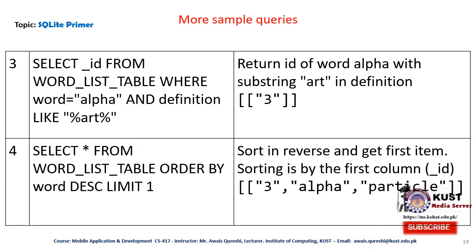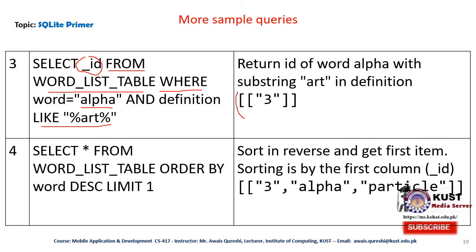More sample queries. I hope you will guess what this query returns. Select ID, this is the column, from this table name, and then where the word is equal to alpha and definition is like art. Same query we have seen before. It will return the ID of word alpha with substring art in the definition.